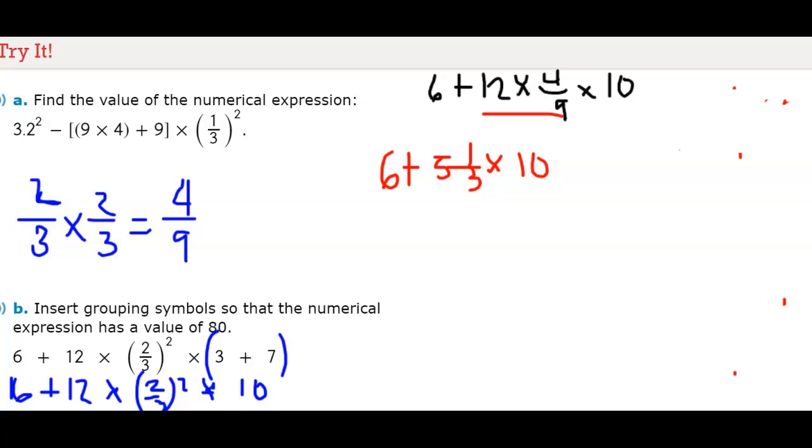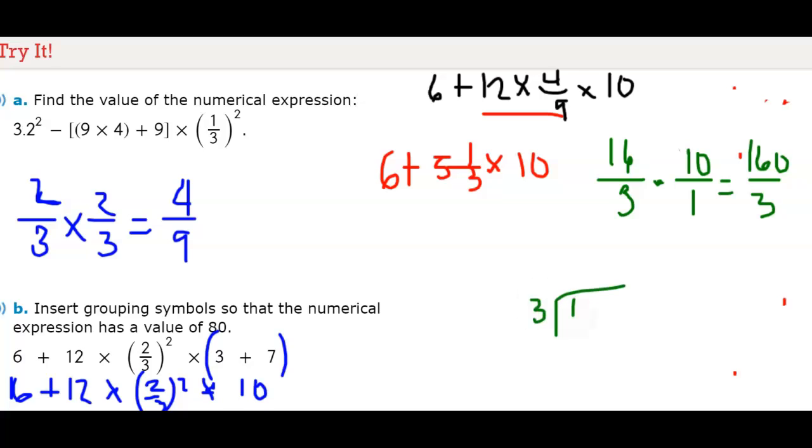I'm going to put it as an improper fraction, so it's going to be 16 over 3 times 10 over 1. So we get 16 times 10 is going to be 160, and we're going to divide 160 and 3. That does not go into it evenly, so we're going to have to do long division.